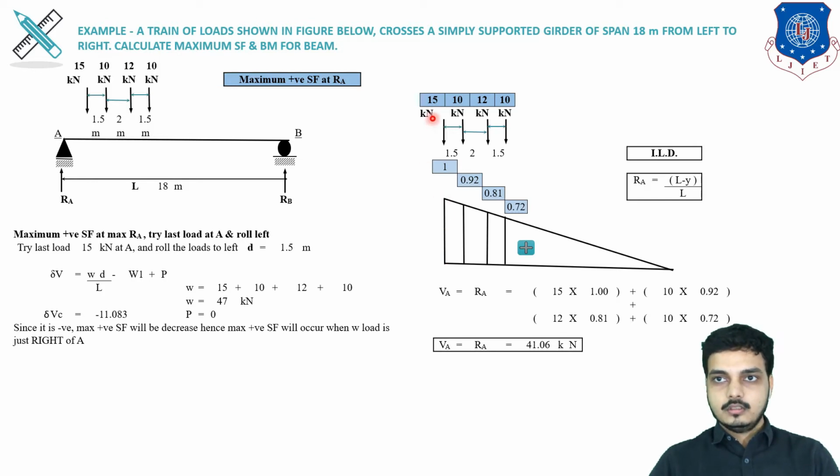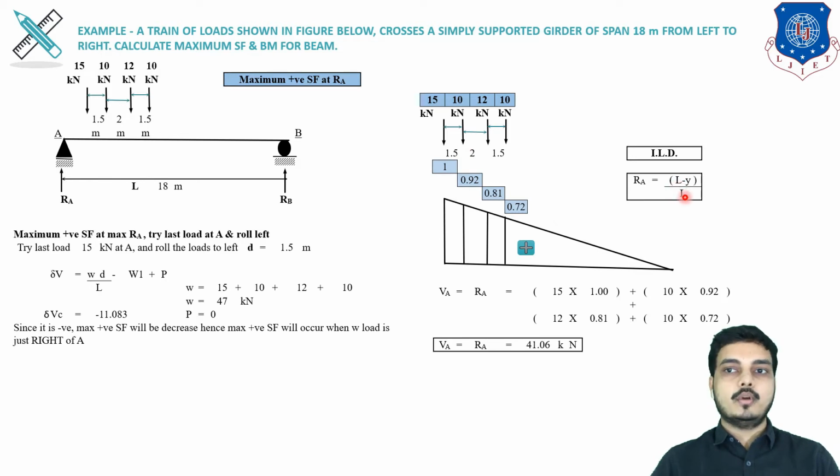Now we have seen that 15 is my critical load, so we will be putting this 15 on the first ordinate of RA, which is 1, and the rest of the ordinates we can find out. This distance is 1.5. Now here we can use the relation, but we can use the formula also, means L is 18 minus 1.5, which is nothing but 16.5.